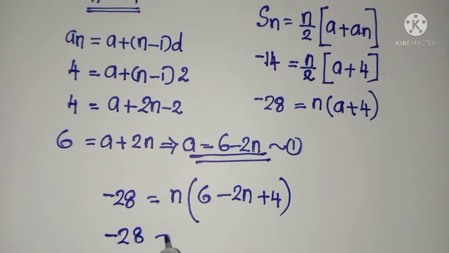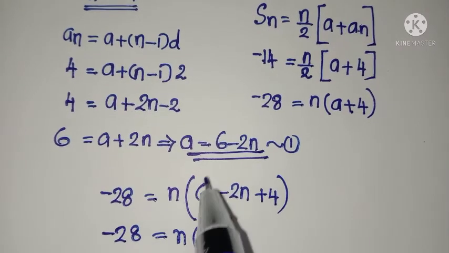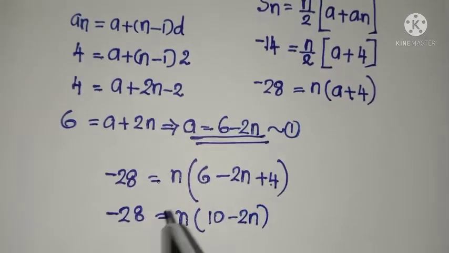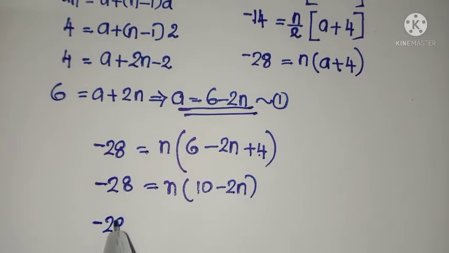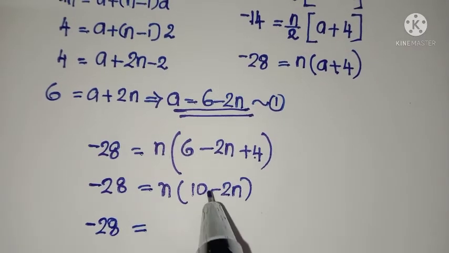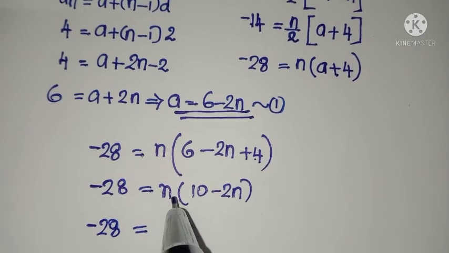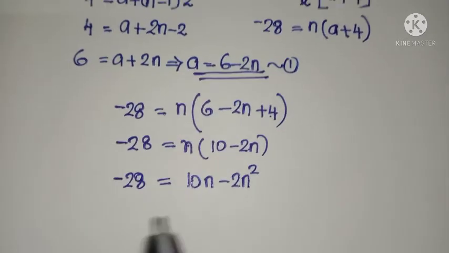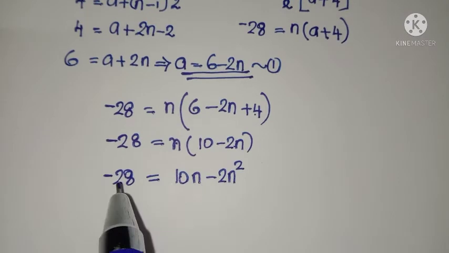Now this reduces to n into 6 plus 4, 10, minus 2n. Now open the bracket. Minus 28 equal to n into 10, 10n; n into minus 2n, minus 2n square. Now take all these terms to the left side.